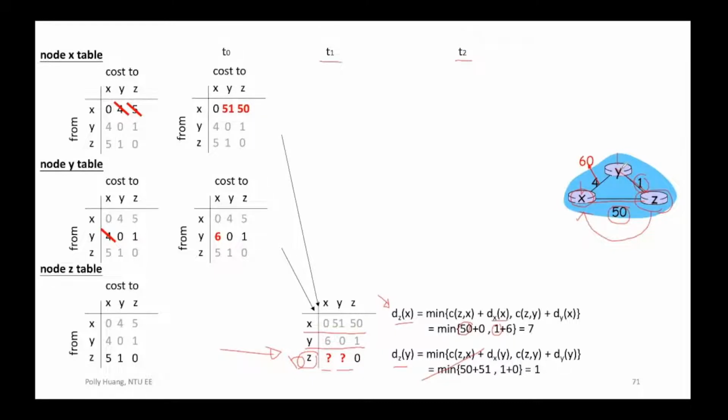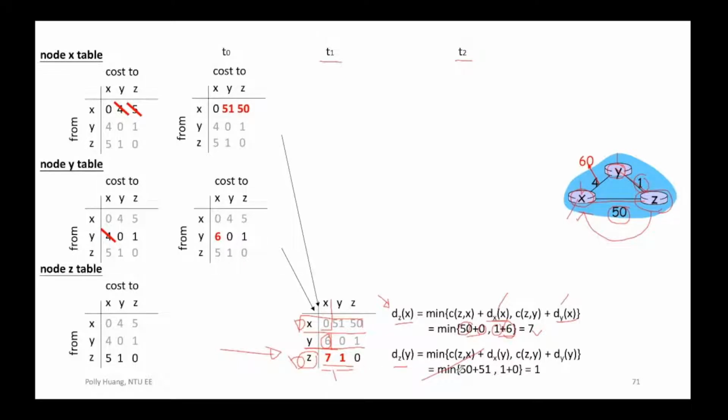Final destination is x, so we need to know dyx. So for these two entries, we do table lookup because this is actually x's perspective. Okay, so this is what x has informed z. So what x has informed z is the dx. So in x's vector, to destination x, the entry will be 0. In y's vector, for destination x, the entry value is 6. So 50 compared to 7, 7 wins. And therefore, we update dz to 7, 1.